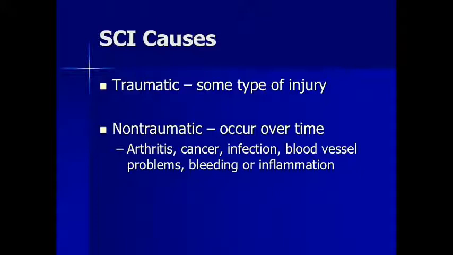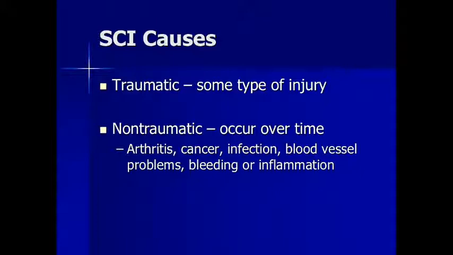We're not really sure, or haven't pinpointed exactly the reasoning why these non-traumatic injuries occur, but we do know they occur over time. So arthritis can cause problems with the spinal cord. We know that cancers can invade the spinal cord, as can sepsis or infection such as meningitis.